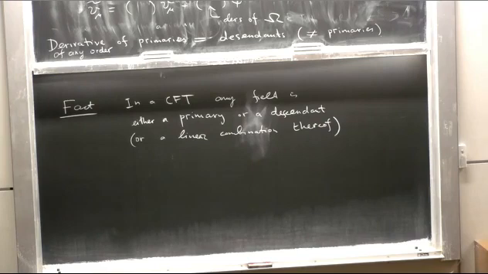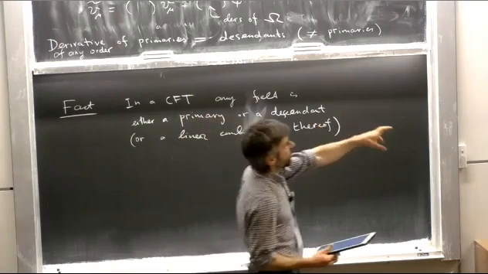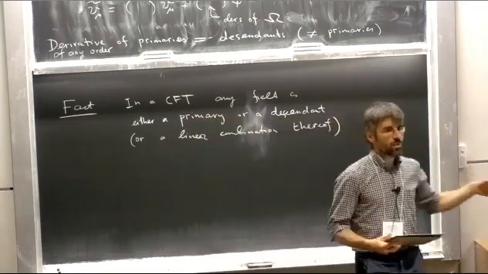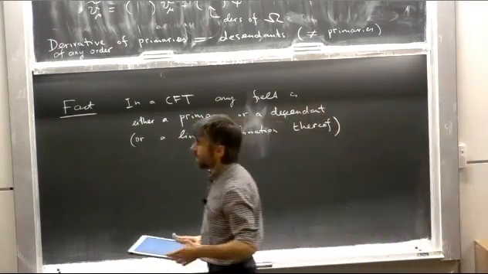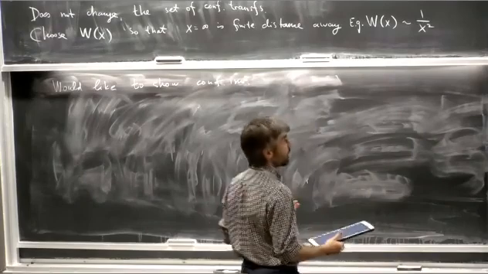I formulated conformal invariance as invariance under finite conformal transformations, but now that we know these infinitesimal vector fields, we know the conformal algebra, you can of course restate everything as an invariance under infinitesimal conformal transformations. It's going to be completely equivalent.